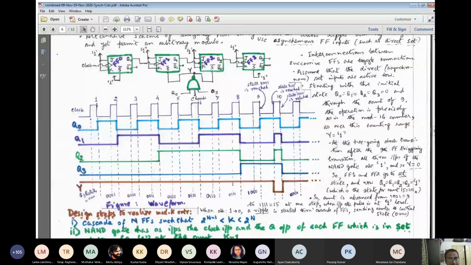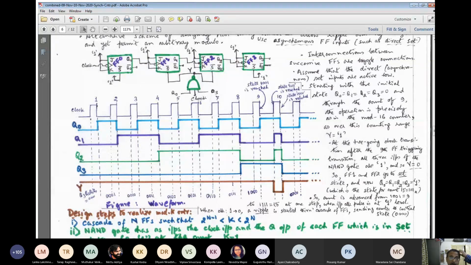So count is advanced from 1001 equal to 9 to 1111 in one step immediately, by skipping the 5 states, namely 1010 corresponding to 10, then 11, 12, 13, 14. All the 5 states are just bypassed, and we immediately arrive at the all 1 state.